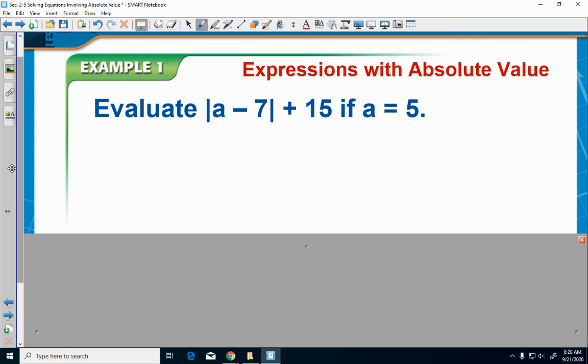As we look at this, though, I want you to think about the following. We're not wrong to say, these vertical bars, that the result there is going to be positive, but truly, absolute value implies how far away from 0 something is. How many units away from 0?